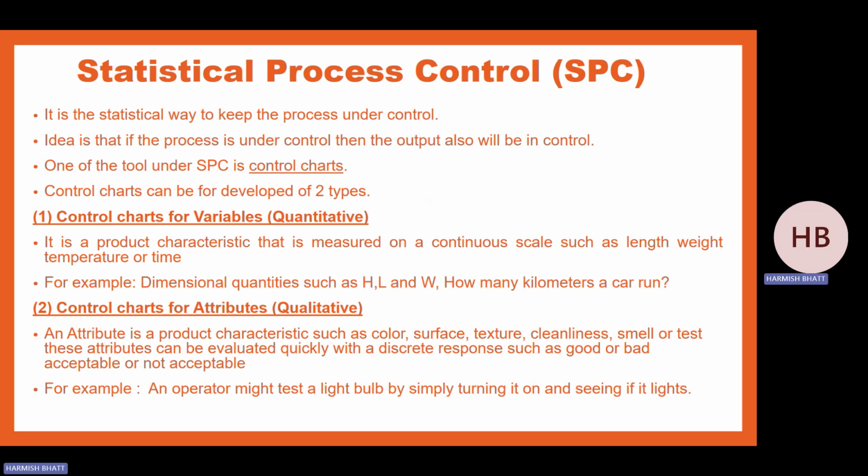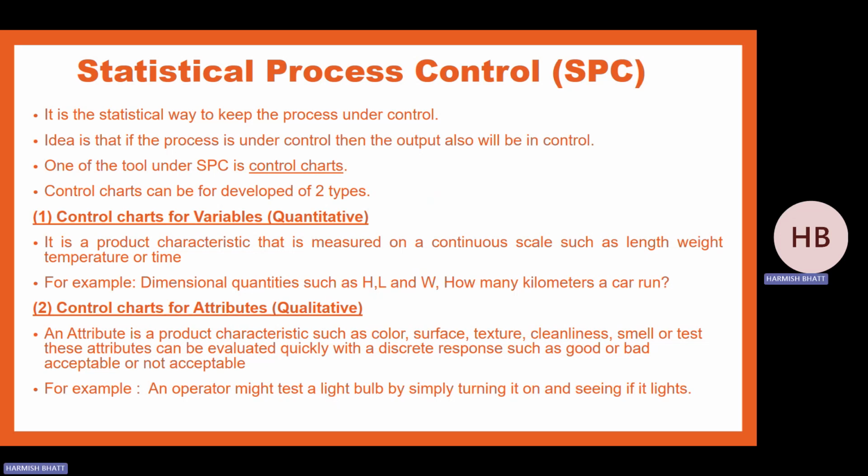If it lights, it is an acceptable product, and if it is not lighting, it is a rejectable product. In the same way, by looking at the color or surface finish of a product, we can accept or reject the item. Likewise, after tasting a food item or smelling a product, we can check whether it is to be accepted or rejected.